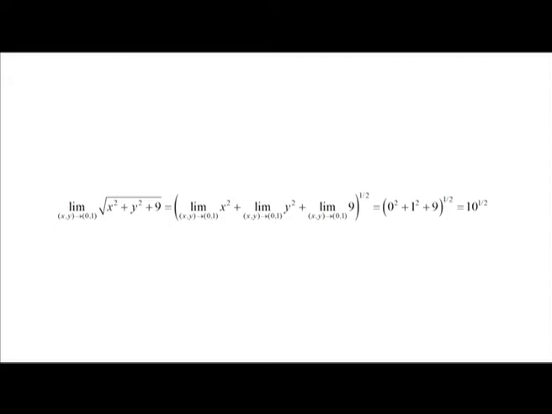Also, by the power rule and sum rule and also using known limits, we have the limit as (x, y) approaches (0, 1) of the square root of x square plus y square plus 9 is equal to the limit of x square plus the limit of y square plus the limit of 9, all raised to 1 by 2, which is equal to 0 square plus 1 square plus 9, all raised to 1 by 2, which is equal to 10 to the power 1 by 2.